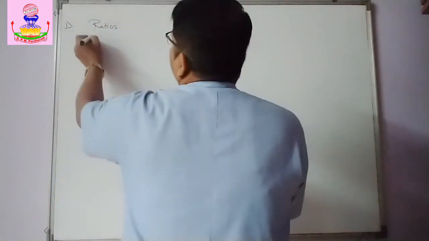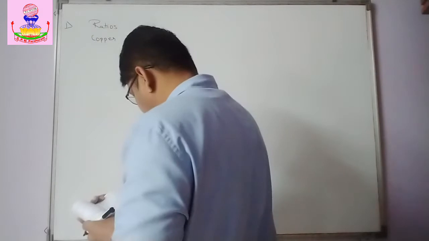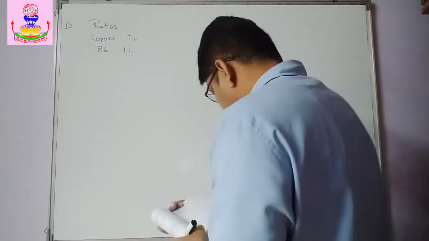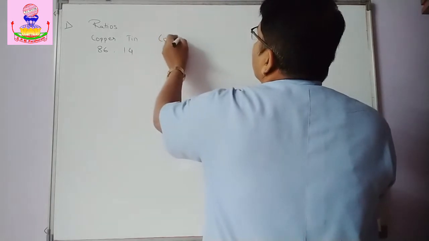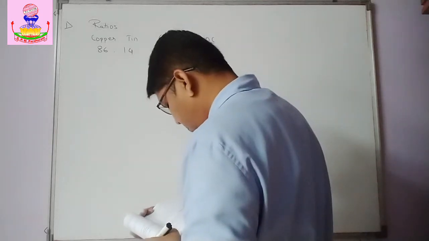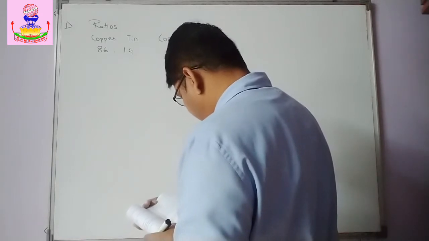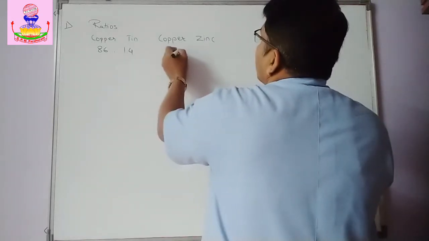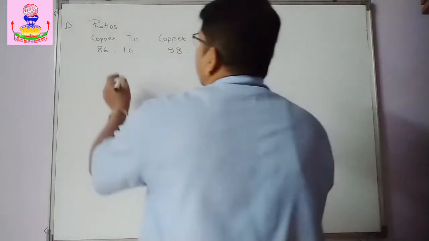Copper to tin is 86:14, and copper to zinc is 58:42, and we are supposed to find the ratio of tin and zinc.